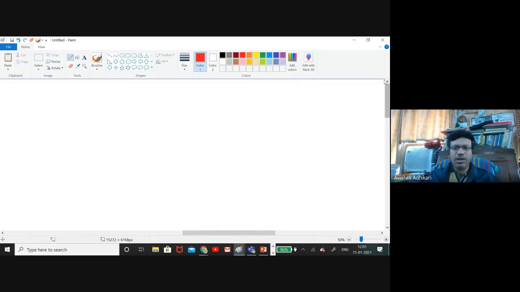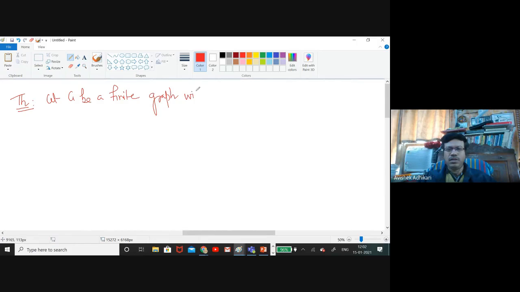Now you have all the idea of degree, incidence and all. The theorem says: let G be a finite graph. Finite graph means a graph having a finite number of vertices and edges, with n vertices.